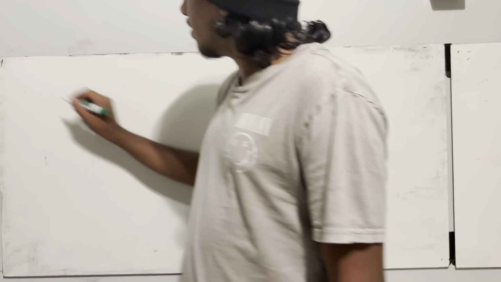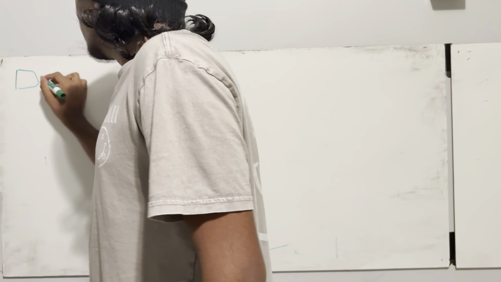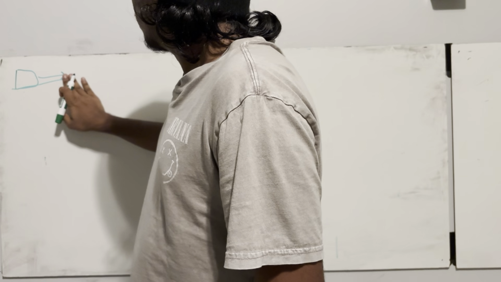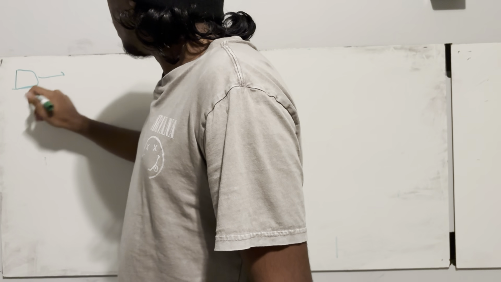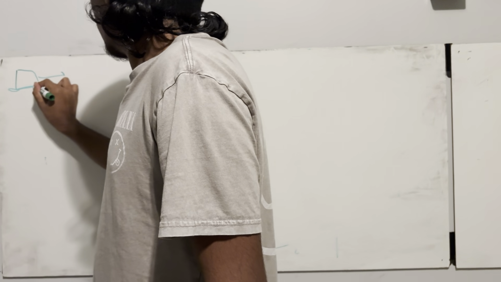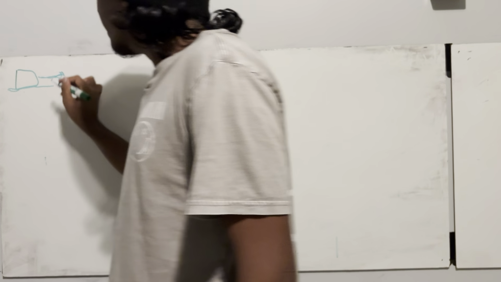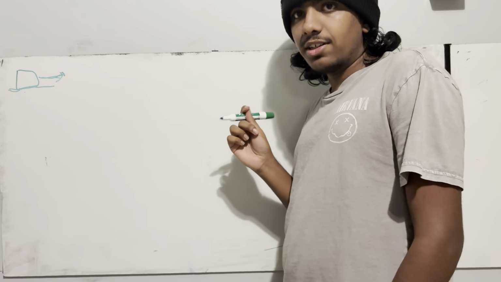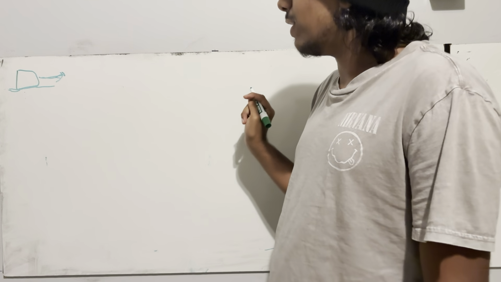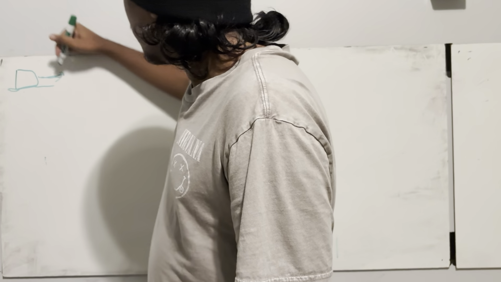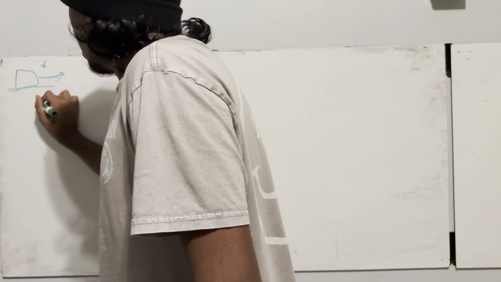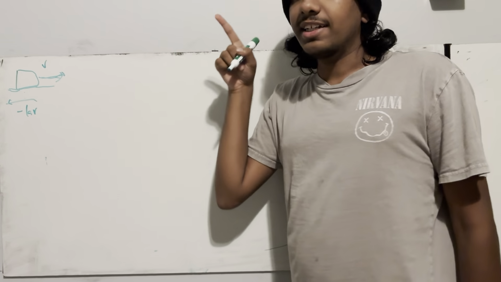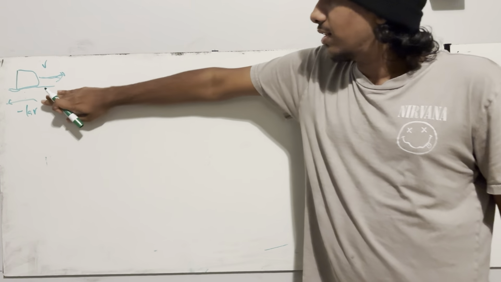So let's first talk about a block moving on a frictionless surface, subject to a resistive force that is linear to the speed, which basically means that it's moving this way, yes, but there's an opposite force acting in the direction against that block.